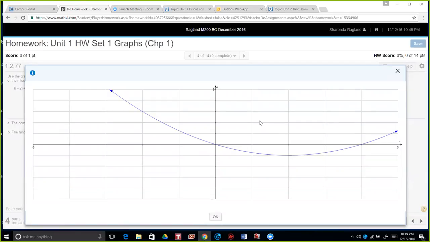But when we look at the maximum y value, that curve continues going out, so the y value has no bound and goes all the way up to positive infinity. The smallest is -1, and the largest is positive infinity.